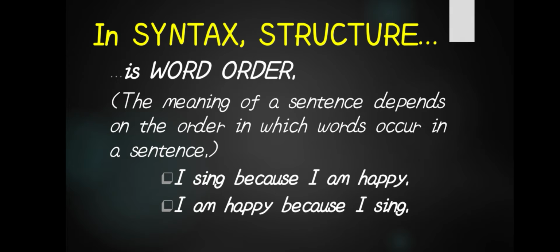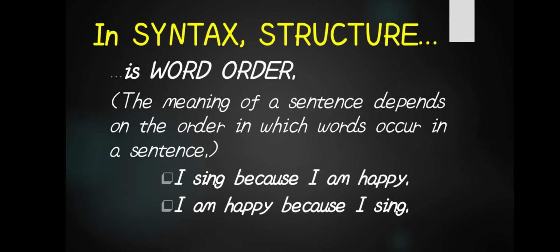Sa first sentence, I sing because I am happy. Ang reason niya, ang action niya is katong nikanta siya. And the reason is because he or she is happy. But in the second sentence, there is a twist in the meaning. Baliktad na siya. Ang state na is nalipay siya kay nikanta siya.